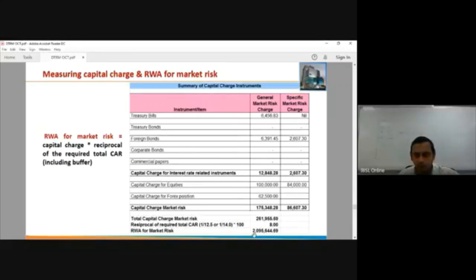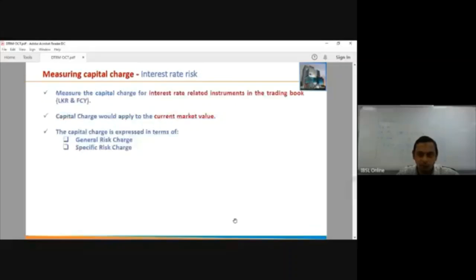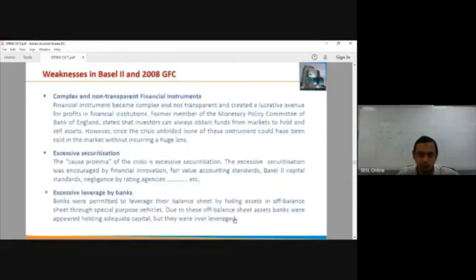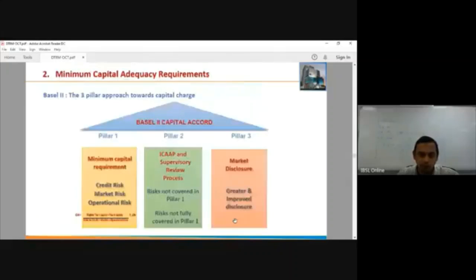So far what I have covered is the capital charge for market risk. Of course, if you want to see the formula for computing this, I hope you can read this formula.